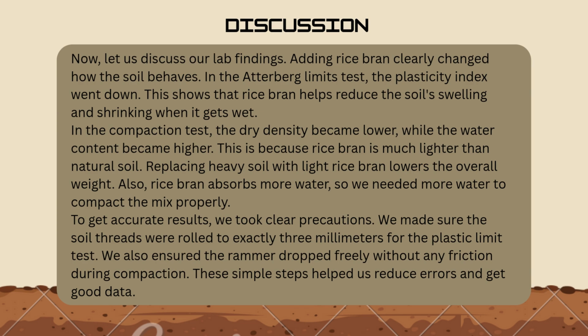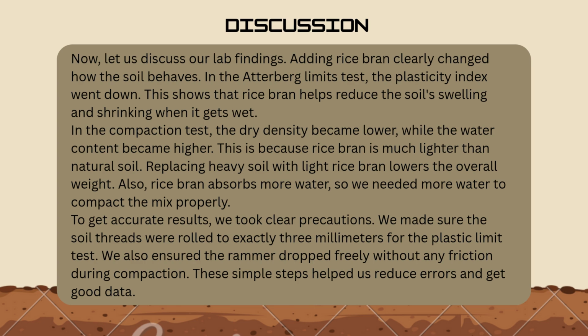Now, let us discuss our lab findings. Adding rice bran clearly changed how the soil behaves. In the Atterberg limit test, the plasticity index went down. This showed that rice bran helped reduce the soil swelling and shrinkage when it gets wet. In the compaction test, the dry density became lower, while the water content became higher.